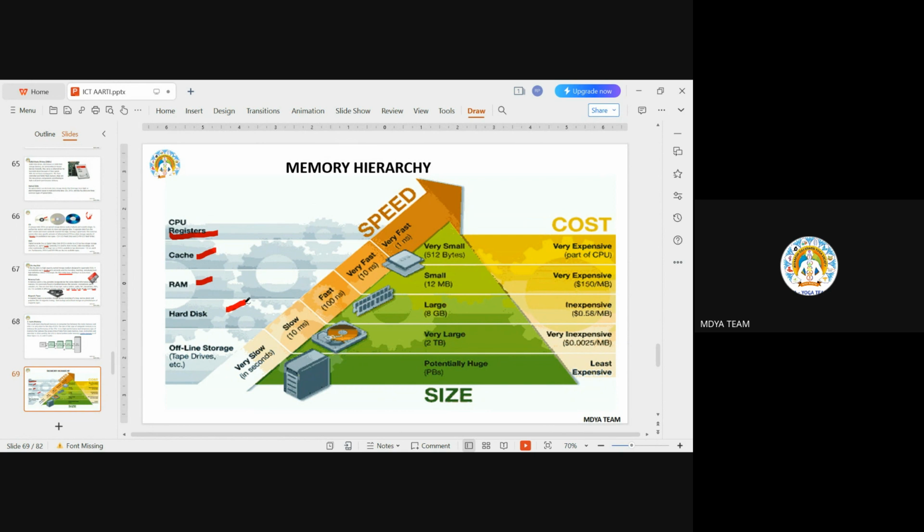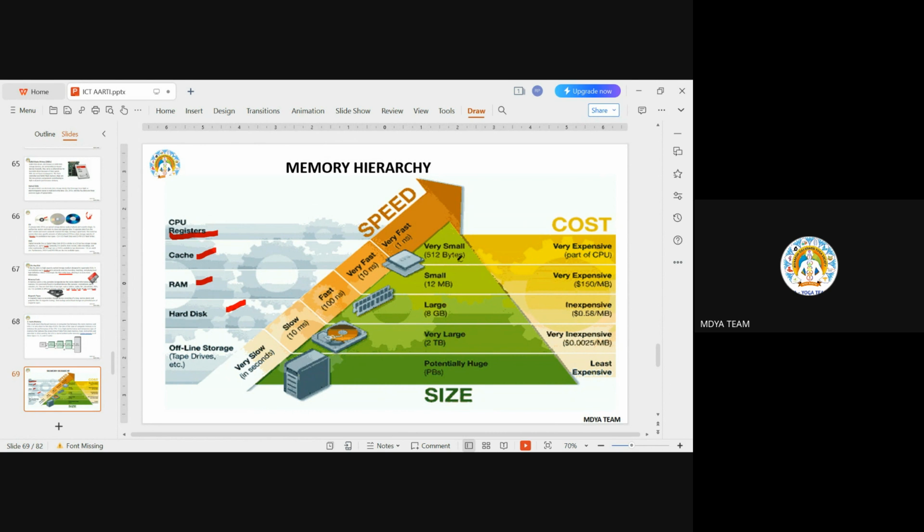Now cost: as the speed increases, the cost also increases. Registers are very expensive, cache is less expensive than registers, RAM is less than cache, hard disks are less than RAM, and tape drives are least expensive.